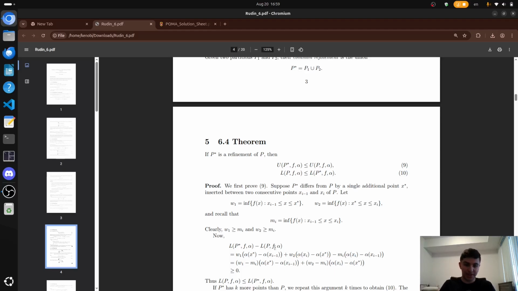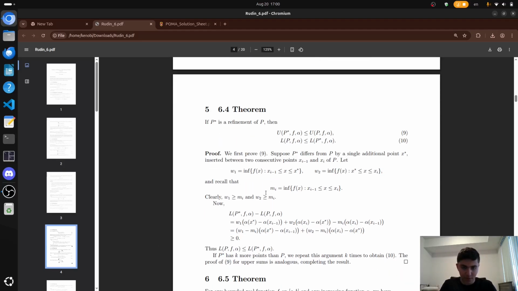As you can see here, we take that point, divide it into two different parts, add them back together, and subtract that unified part that was there before. So you're basically replacing locally the point where you've added an extra point. And like that, you can show that no matter how many points you add, this is going to be less than this, and this is going to be less than this.